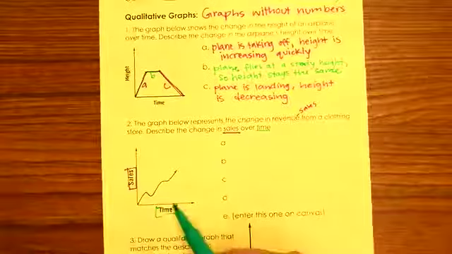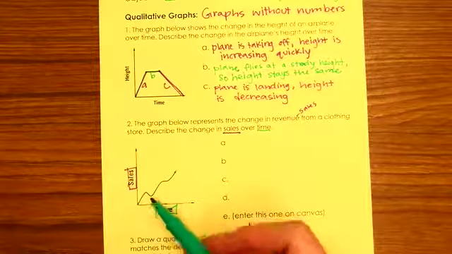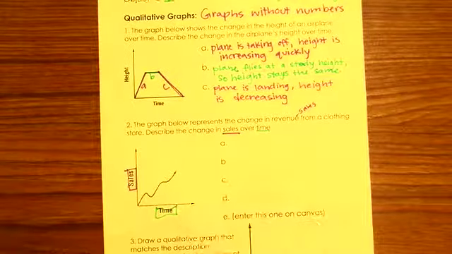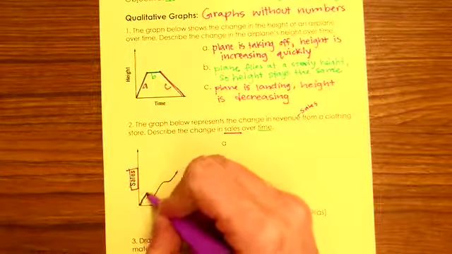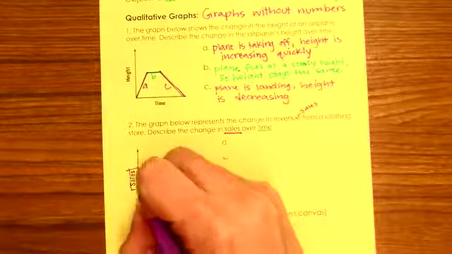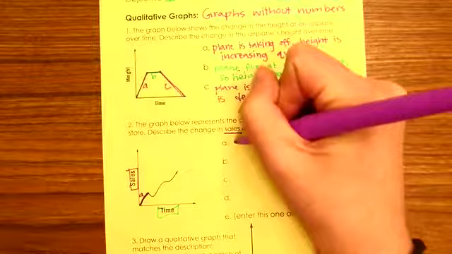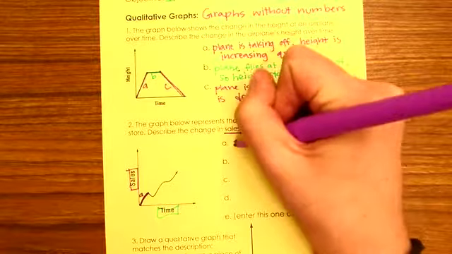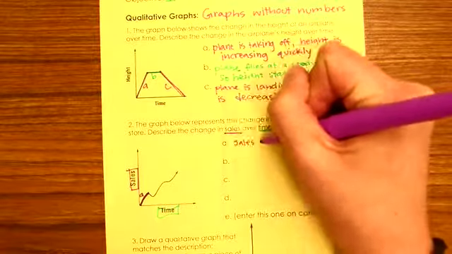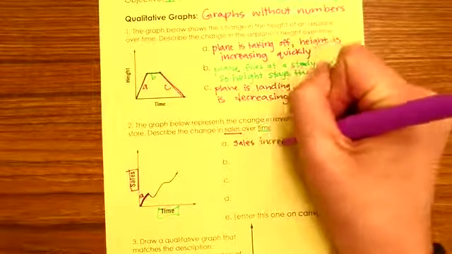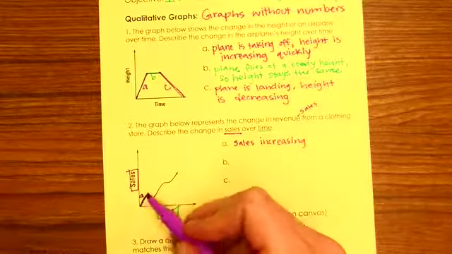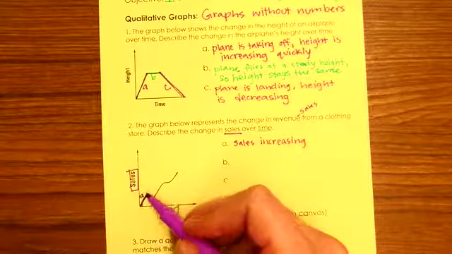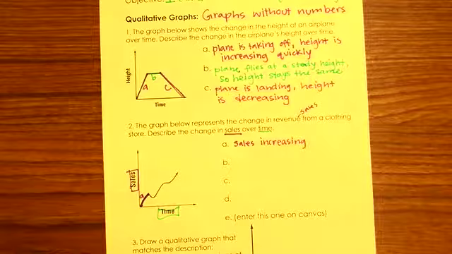As time goes on, sales are increasing and decreasing and increasing and always changing. So let's describe them with these points over here. Let's describe this section here as section A. For this section, we can say that sales are increasing, because as time goes on, our value for sales gets higher and higher. The line is climbing higher.